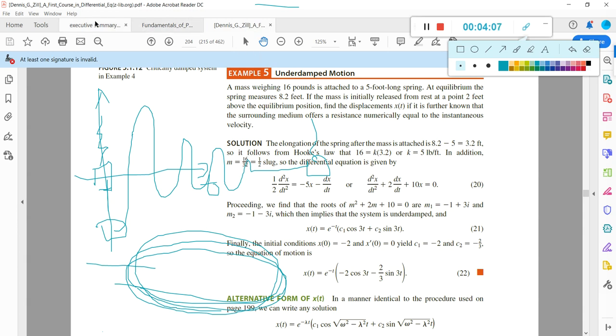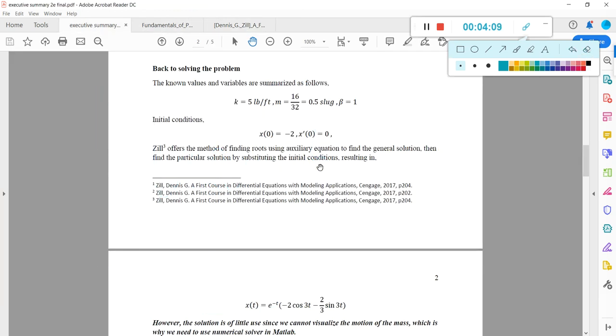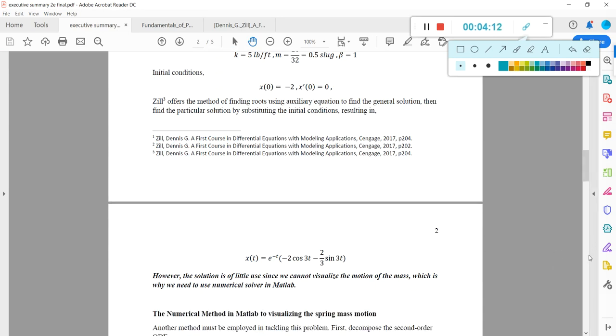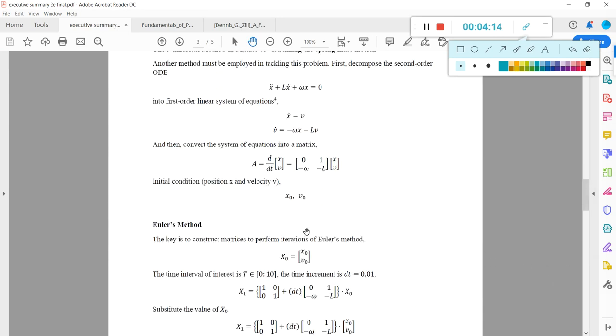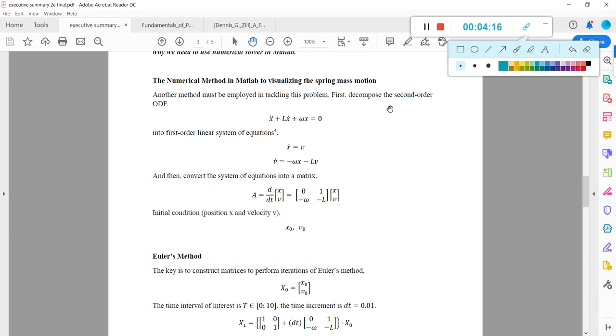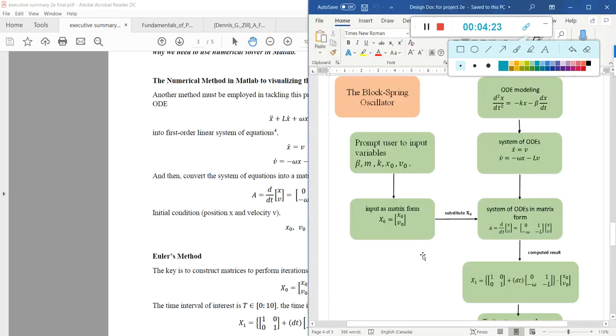In this case, I'm trying to use Euler's method to plot the motion. So here's the equation I get. What I need to do first is to decompose the second order differential equation into a system of first order differential equations.